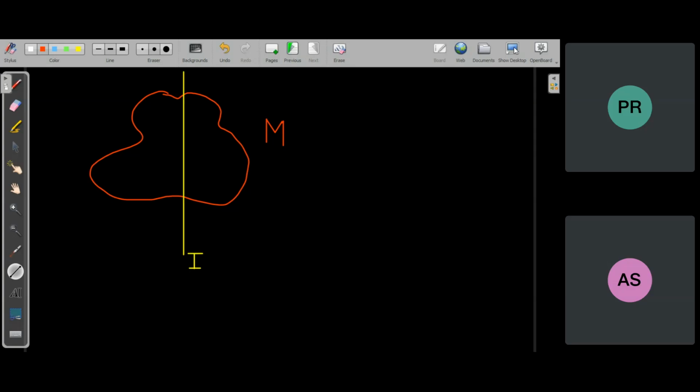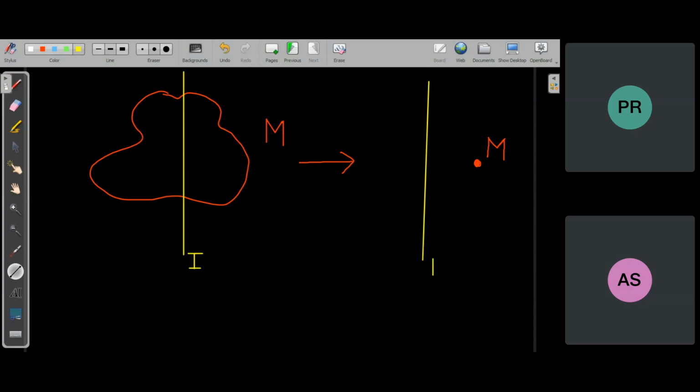Now here you can see that a body is there of mass m, and the moment of inertia of this body about the given axis is I. About the same axis of rotation, we can replace this whole body by a point mass, where the whole mass of the body is concentrated, in such a way that the moment of inertia of this point mass comes out exactly the same as that of the body.